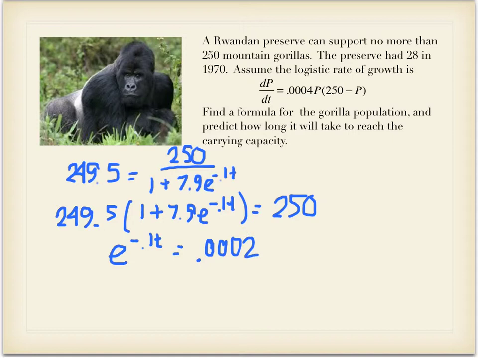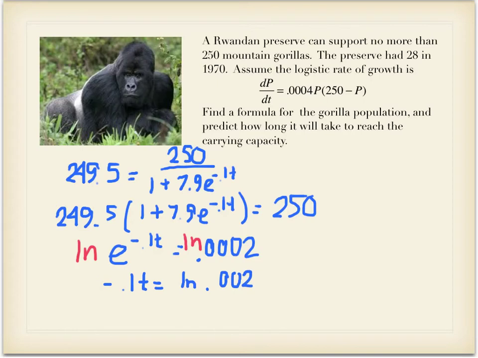Now, how do I get at that? Well, once again, I'm going to take the ln of each side, and what that will enable is that this exponent will move out in front. And that ln of e, we remember, is always equal to 1. So basically, I'll have negative 0.1 t equaling the ln of 0.002.